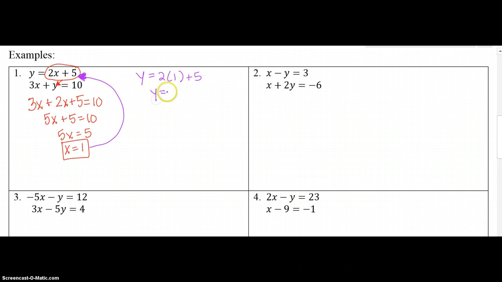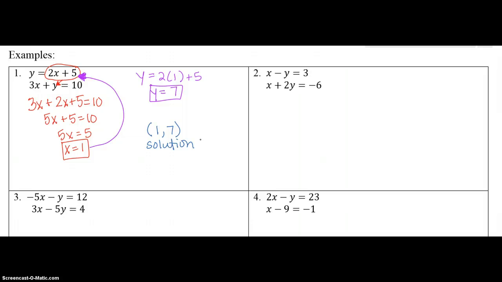And you get 2 times 1 is 2 plus 5 is 7. So I'm going to write the solution as an ordered pair, 1, 7. So 1, 7 is the solution to this system.